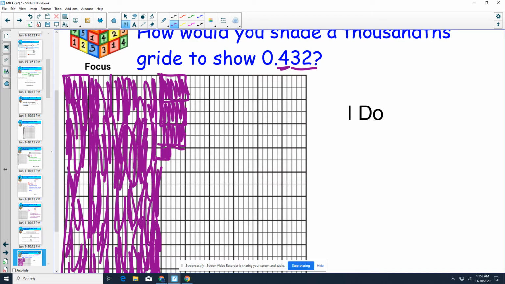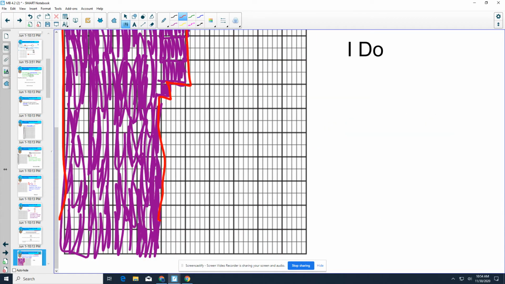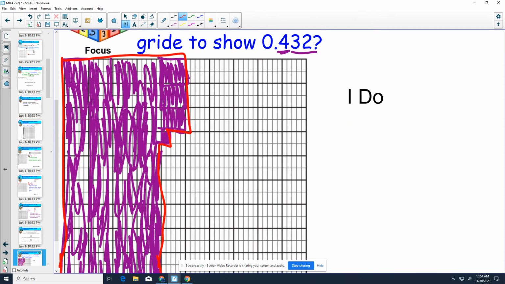Okay, so if I outline this, you should see here, and again, your shading should be complete. It'll be a little easier to do with a pencil. So again, you want to make sure yours is solid shaded in here. So you don't want to have any open spots on there. Okay?